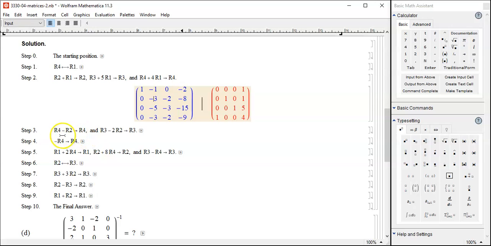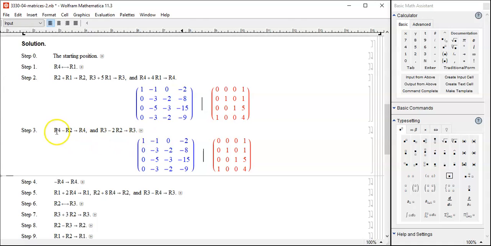And yeah, okay, R4 minus R2 and plug it over here. Okay, I could have done a little bit differently, but I'll follow the same step as I've done before so that I can a little bit more easily check the answer key. So R4 minus R2, that's what I'm going to do.